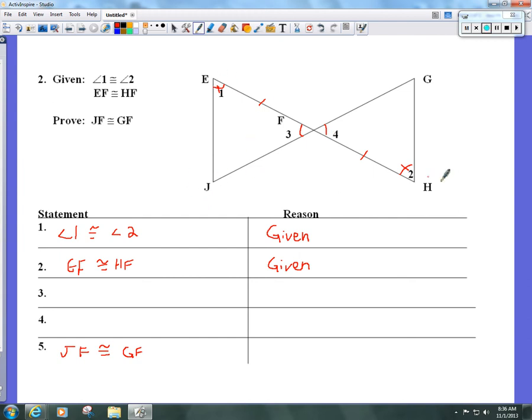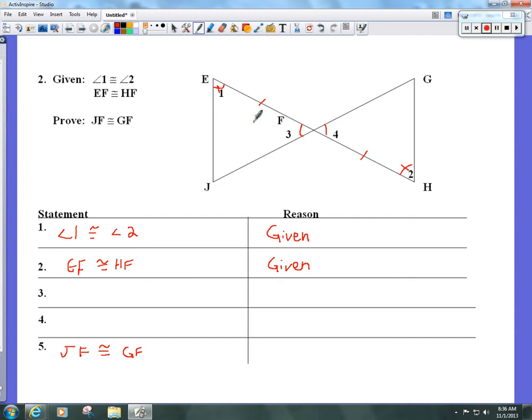If my picture makes an X here, remember, if we see the X, we look for vertical angles. If they make a Z-shaped picture, that's where I'm going to be using alternate interior angles. But I don't know that these lines are parallel, so I can't say that these are alternate interior angles, even though they might look like they are. I do not know that GH is parallel to EJ, so I can't assume that 1 and 2 are alternate interior angles.